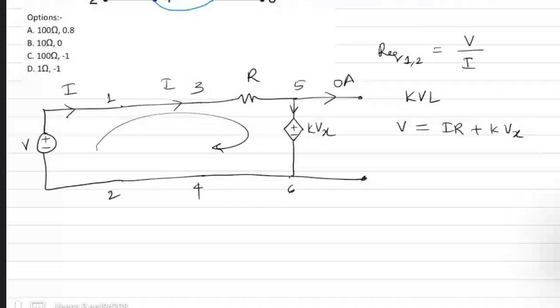So we can rewrite this as V is equal to IR plus K into V. So I can bring V terms together. So V into 1 minus K is equal to I into R, or V by I is equal to R by 1 minus K. This V by I is nothing but the R equivalent across 1 and 2. So this is R by 1 minus K.